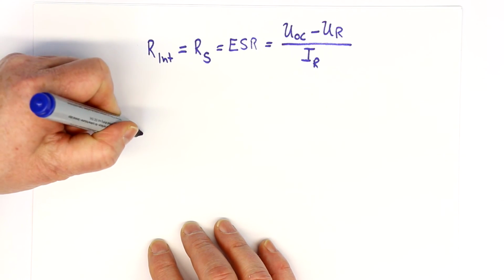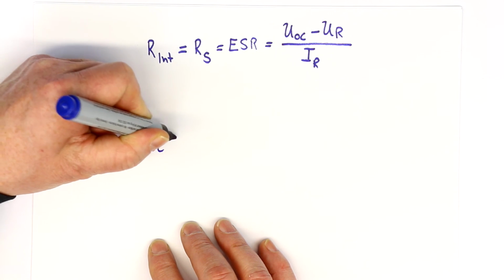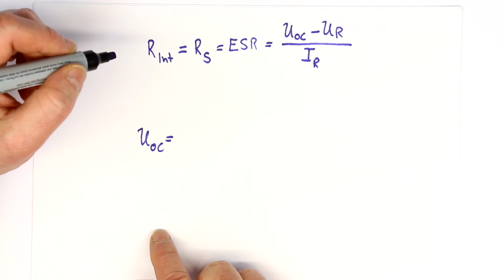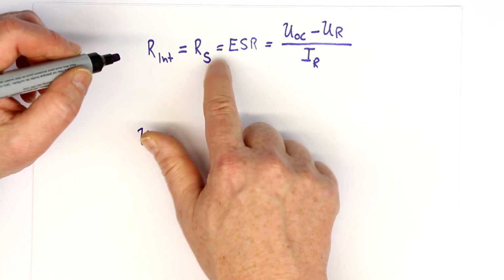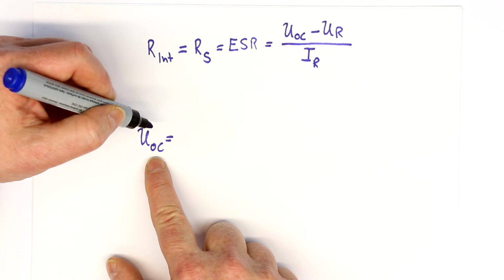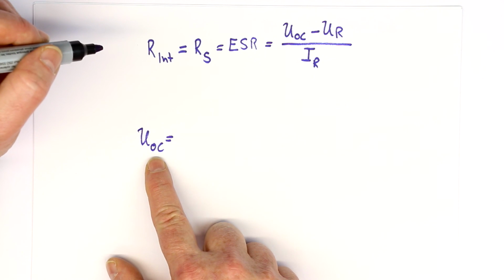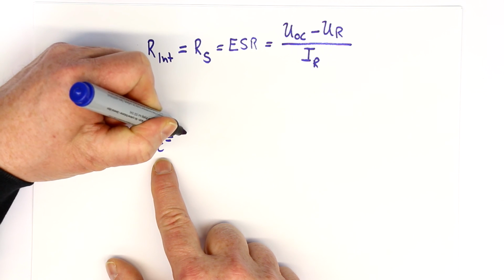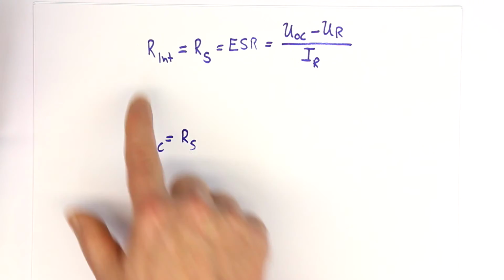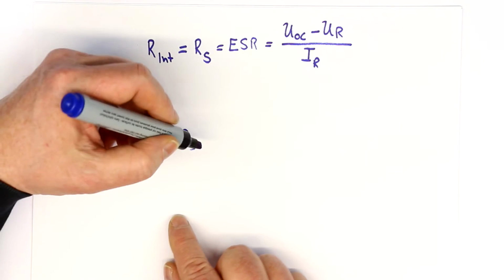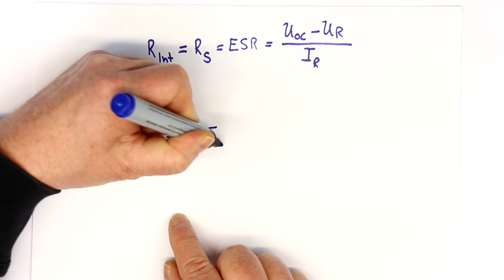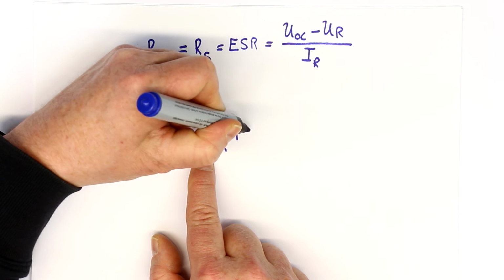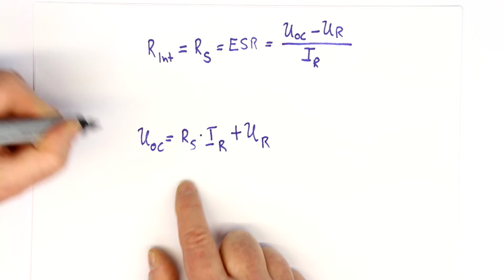And if on the other side we have measured the internal resistance with an LCR meter, we can also calculate the open circuit voltage. That is simply the series resistance, or internal resistance, or ESR, times the rated current, plus the rated voltage.